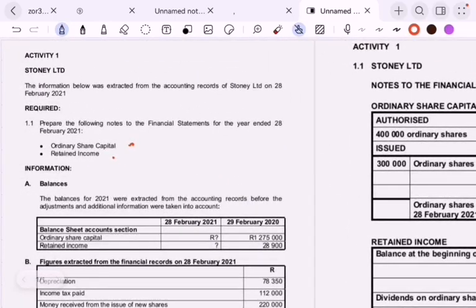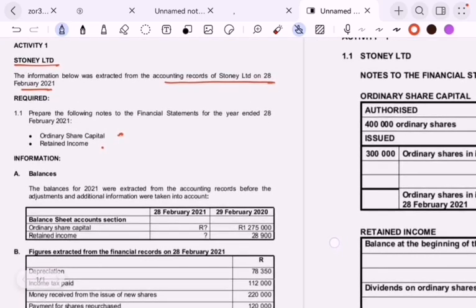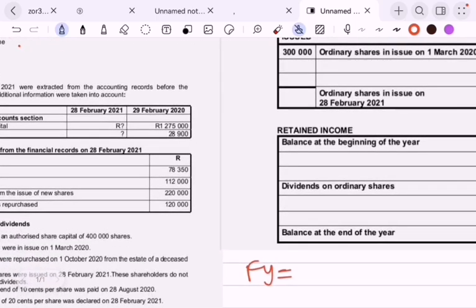As we read there, it's Activity 1, Stony Ltd. The information below was extracted from the accounting records of Stony Ltd. on 28 February 2021, meaning that's the financial year end. If it ends on 28 February 2021, you first look at the month after February, which is March, but you don't use this year's year, you use last year's year, which is 2020.